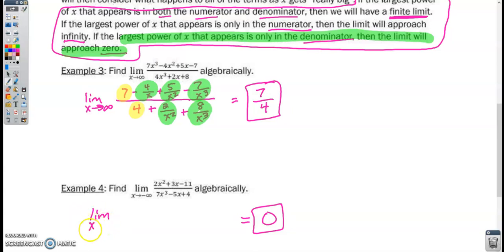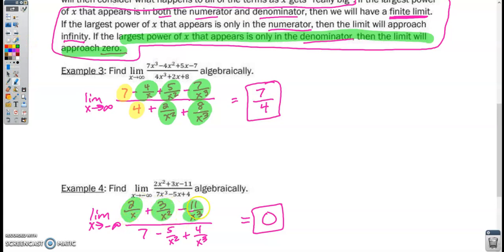Namely, if I divide everything by the largest power that appears in the fraction, that's dividing everything by x cubed, all of these things that I'm highlighting in green go to 0. And really what we end up with is 0/7, and 0/7 is 0.